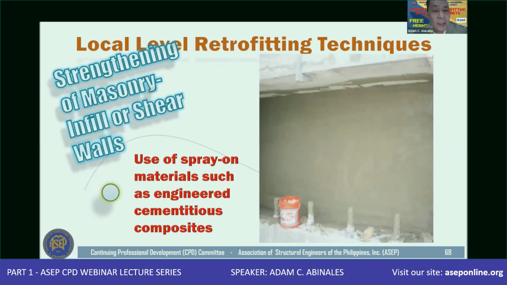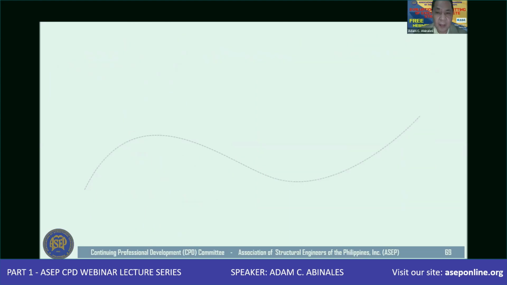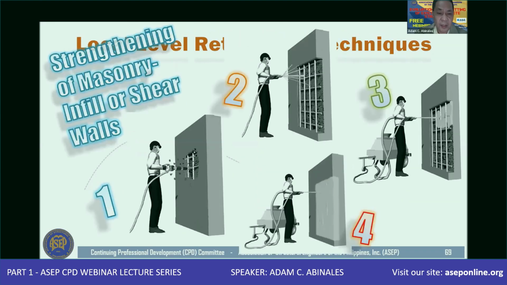Now, what about strengthening of masonry infill or shear walls? Basically, you just use spray-on materials such as engineered cementitious composites. So the process would be something like this. You have to expose the reinforcement because, if you have a crack here, you try to get the influence area of this crack or damaged portion of the wall, and then you expose and clean everything here.